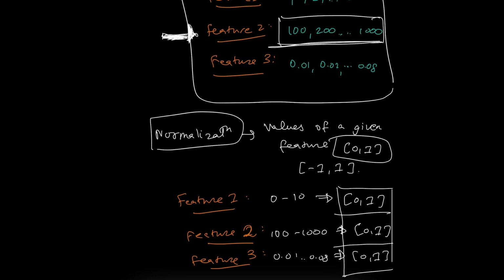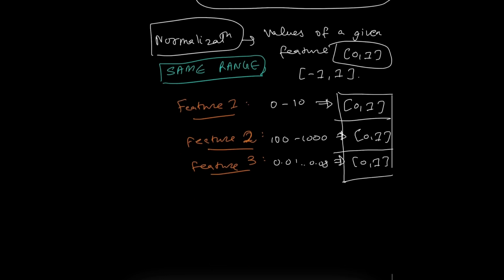So normalization in multivariable regression is important because it helps you scale all features to the same range, and the same range is very important for our model to learn accurate correlations or accurate patterns between these features and the output variable.